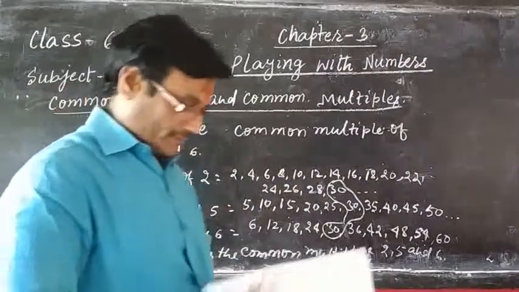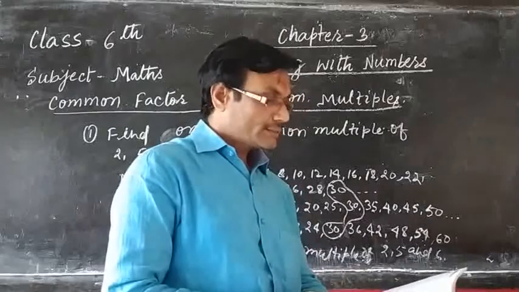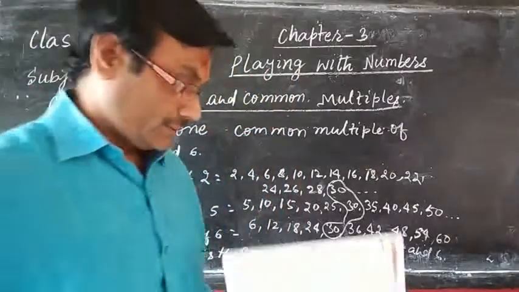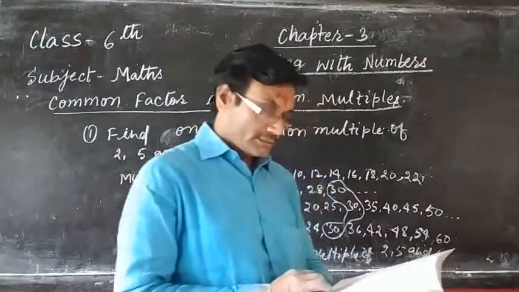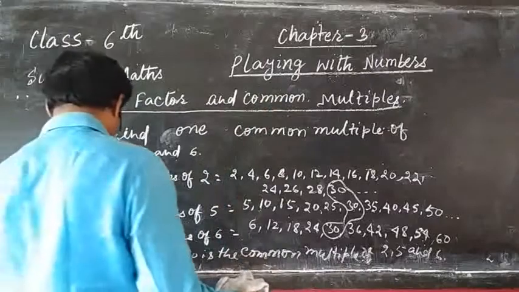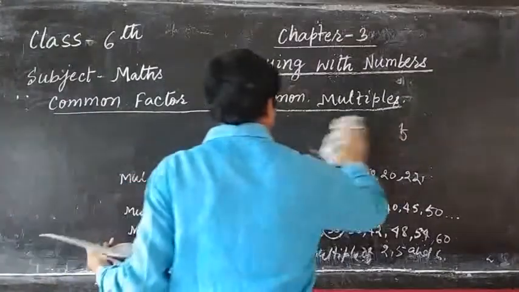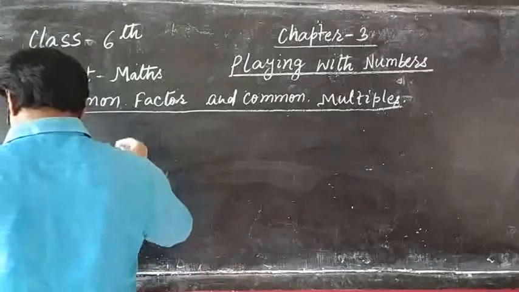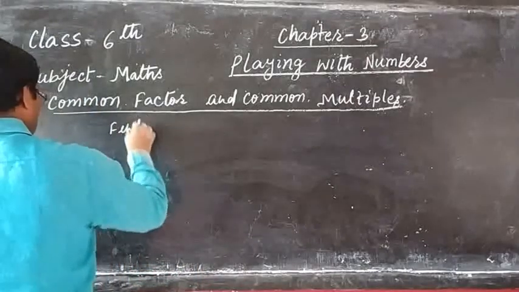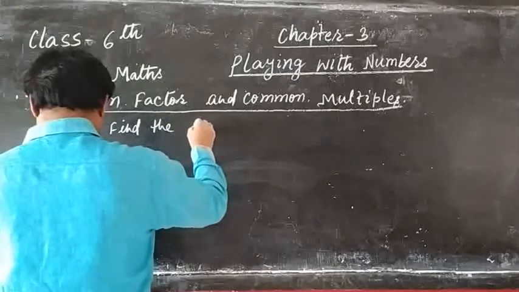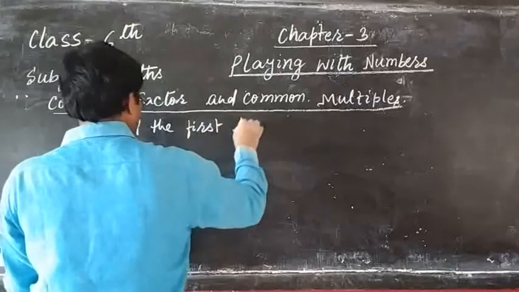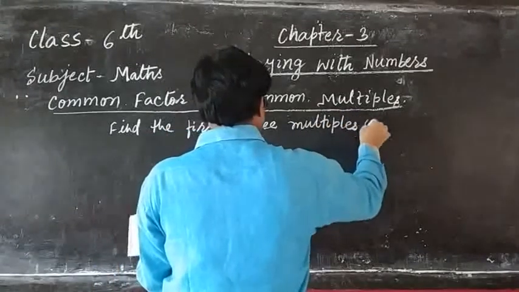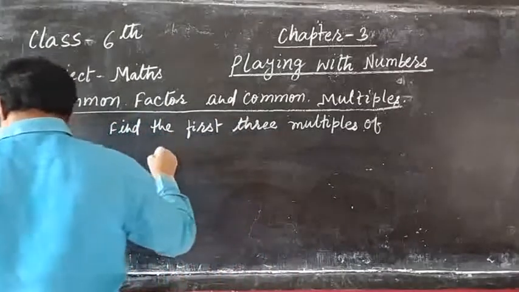Again we see some questions from the book. Find the first 3 common multiples of 5 and 15.